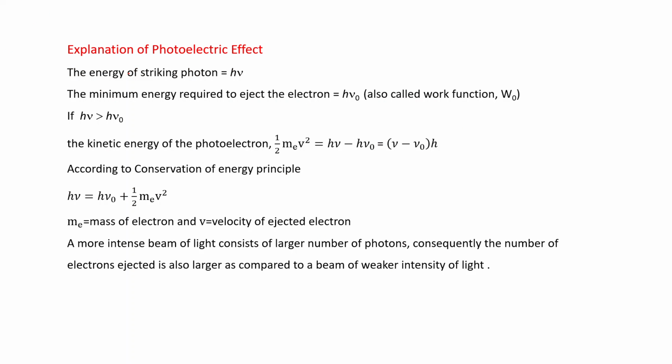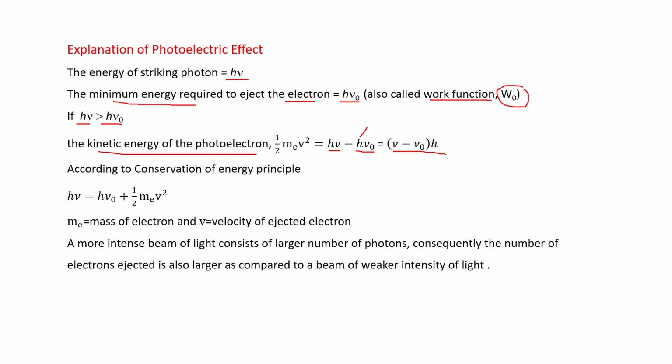We can explain with the help of these formulas and equations. Energy of the striking photon is hν. The minimum energy required to eject the electron is hν0. This is also called work function, represented by W0. If hν is greater than hν0, that is, the energy of the striking photon is greater than the work function, then the kinetic energy of the photoelectron is given by ½mv² = hν − hν0, where h is common.